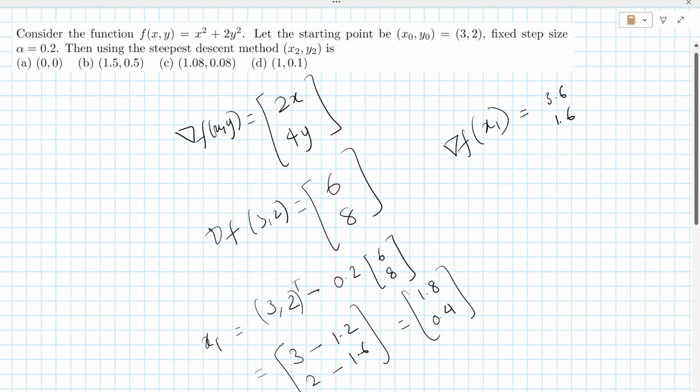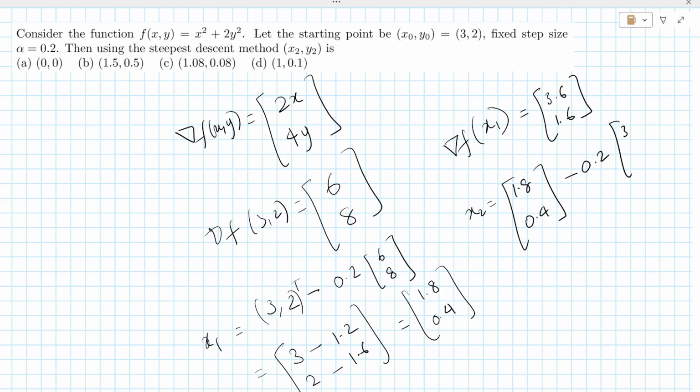We'll start with the point 1.8 and 0.4, minus 0.2 into this, 3.6 and 1.6.